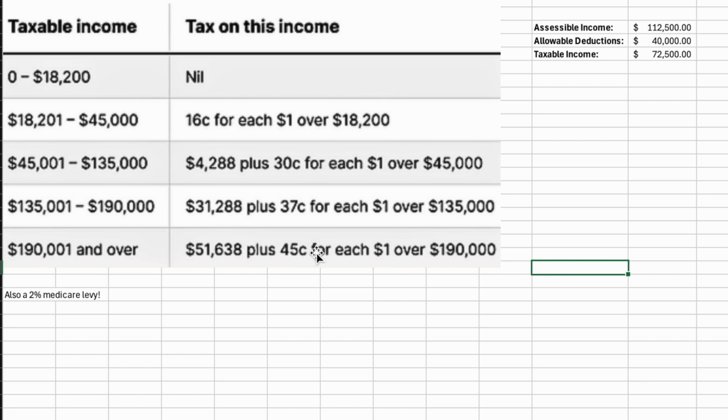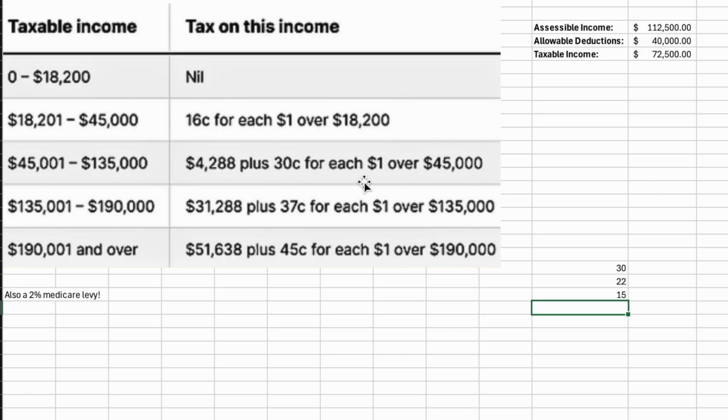So if you're in this bracket, you have a 45 minus 15%, you have a 30% tax saving. If you're in this bracket, it would be a 22% tax saving, and if you're in this bracket, it would be a 15% tax saving. So this is beneficial for those earning over 45,000.